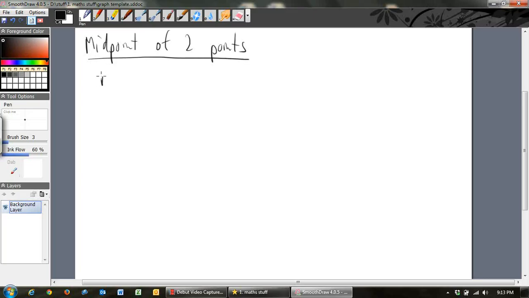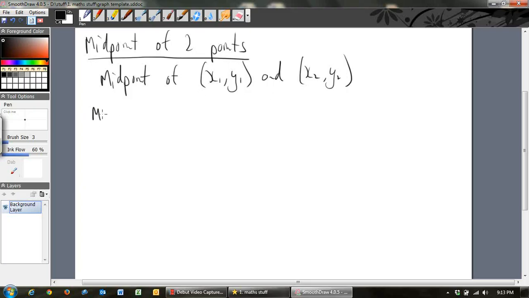Okay, so the midpoint of x1, y1, that's your first set of points, and x2, y2, the second set of points, the midpoint between them will be equal to, your x value will be your average of your x values, so x1 plus x2 divided by 2, and your y will just be the average of your y values, y1 plus y2 over 2.